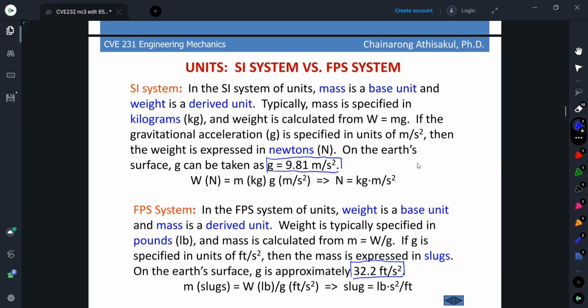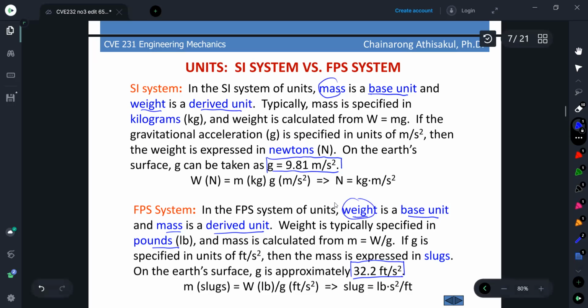We have to know that in SI units, mass is the base unit and weight is the derived unit. But in US customary units, weight is the base unit and mass is the derived unit. Weight is typically specified in pounds in US customary units, and the problem always gives us the weight.